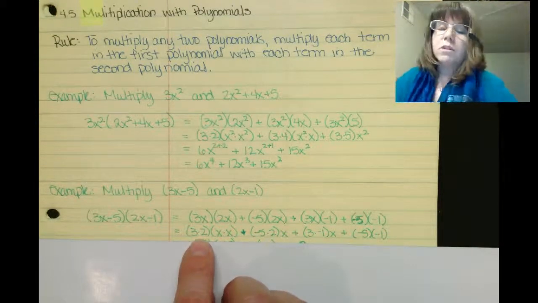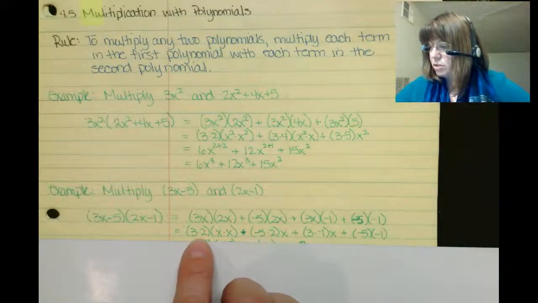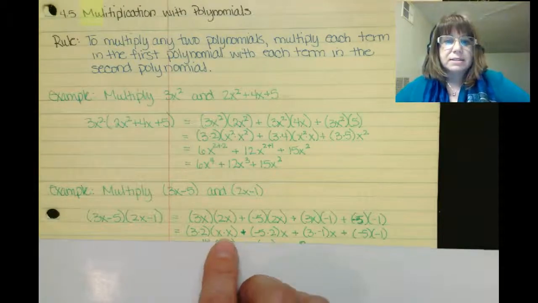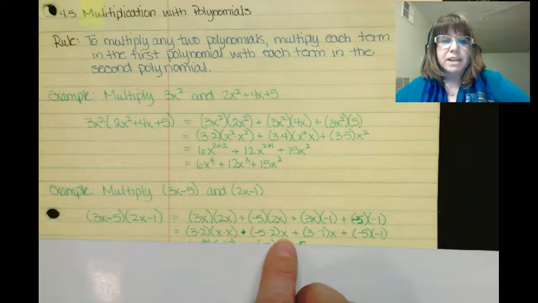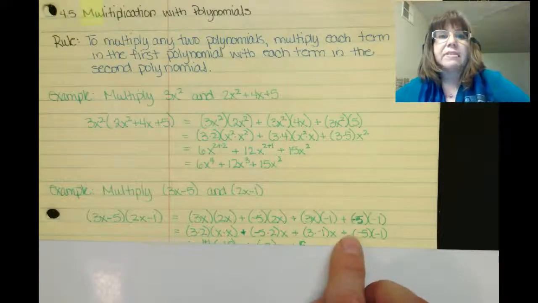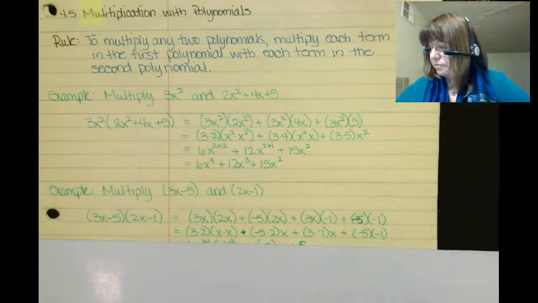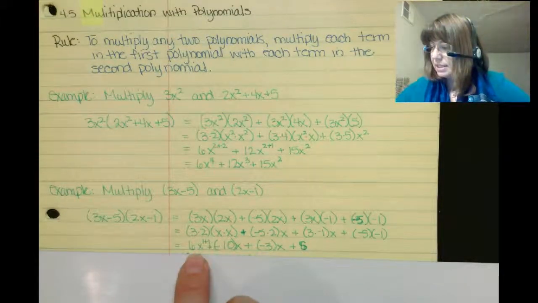Combining all coefficients and all variables, 3 times 2 times x plus negative 5 times 2 times x plus 3 times negative 1 times x plus negative 5 times negative 1. Now I'm going to do as much math as I can. So 3 times 2 is 6.